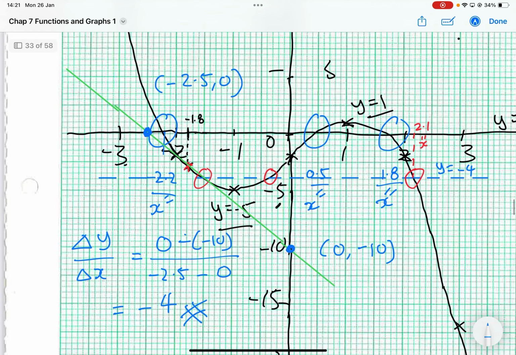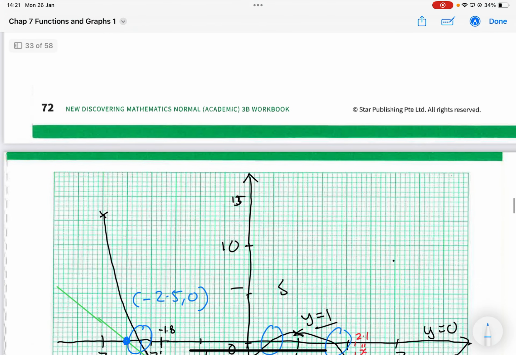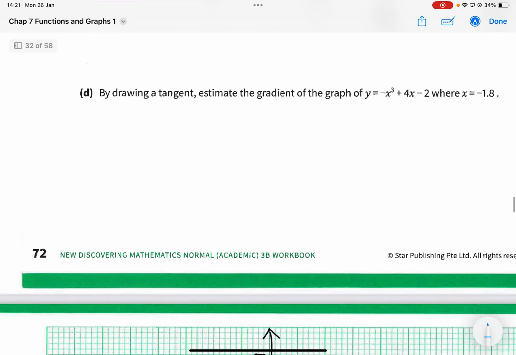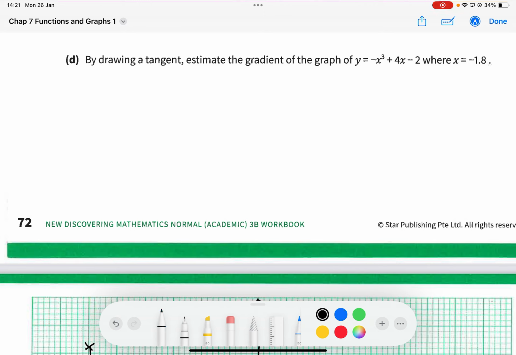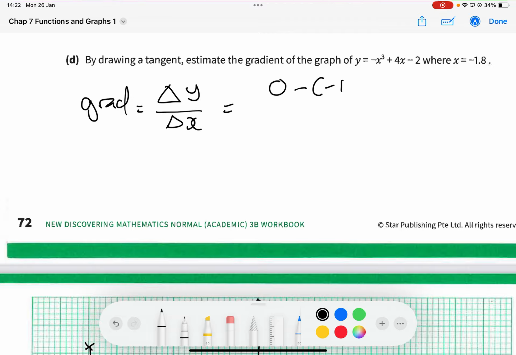Can or not? Estimate the gradient. So again, your working must put here. Just now I never put here. Gradient equals change in y over change in x, 0 minus negative 10, negative 2.5 minus 0.